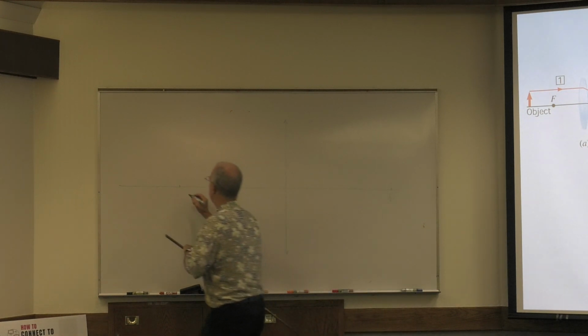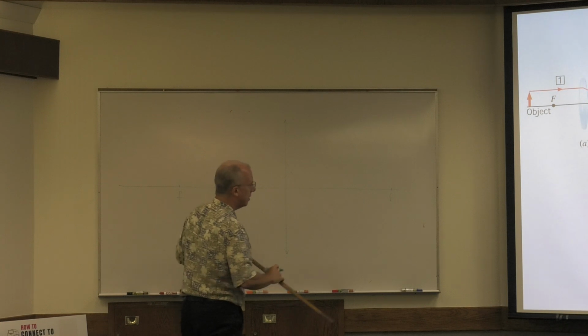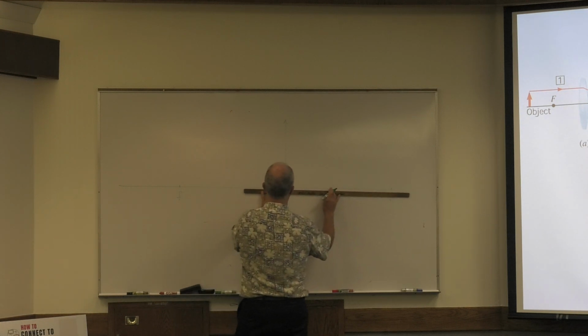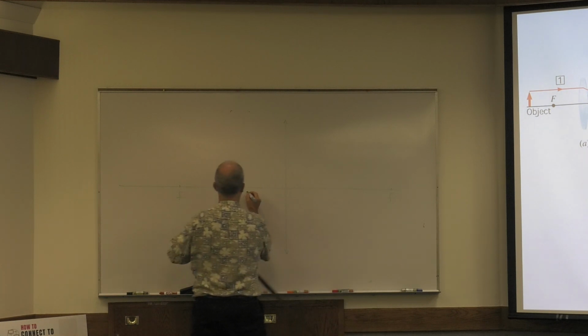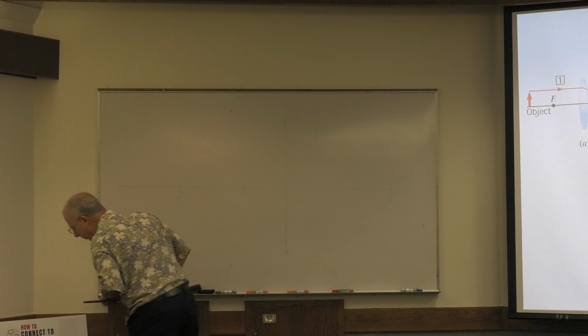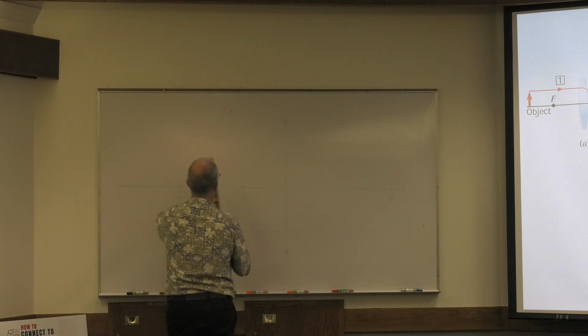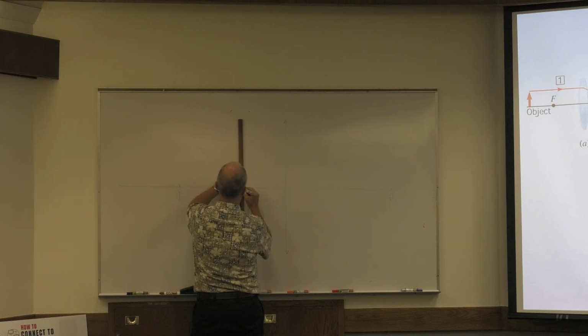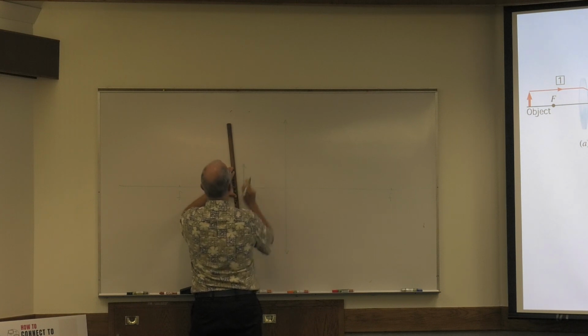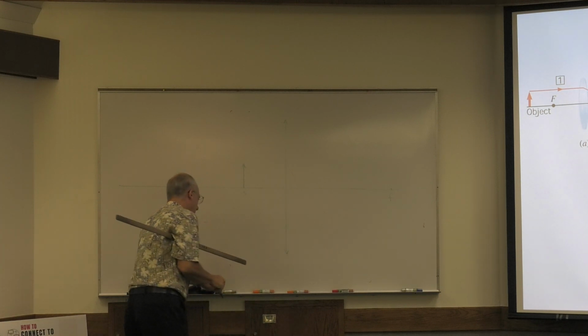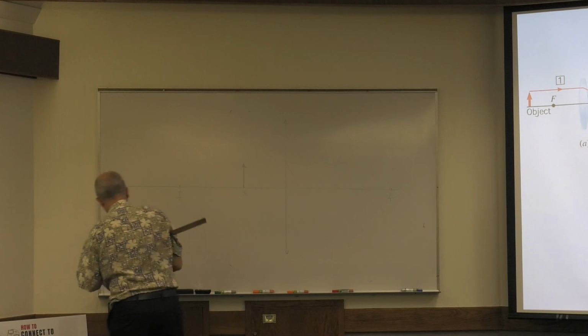Focal length, object is 10. And then I make it big or small. All right, so there it is. Okay, so that's that. Now let's do it.